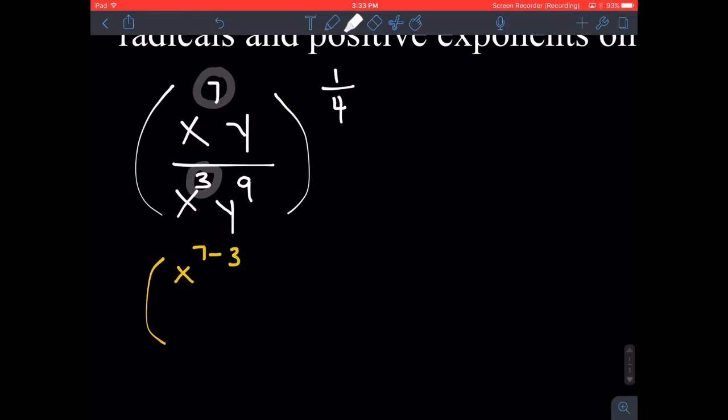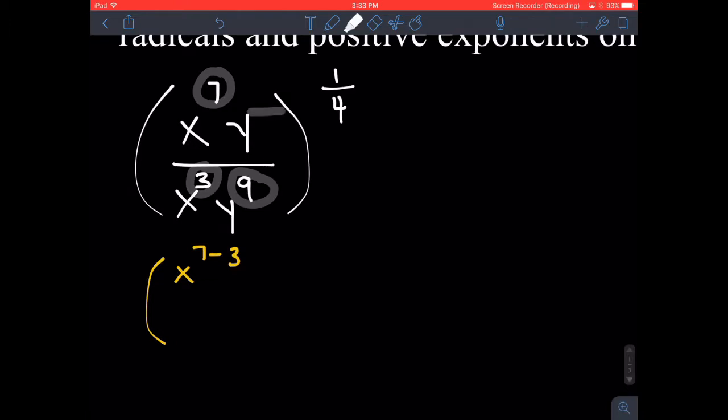In both cases, we have a classic quotient rule, which means that we're going to take the higher power of our variable, subtract the lower power, and then put our solution in the position that the higher power was in. In other words, we're going to do x to the 7th minus 3, and then put that in the numerator. And then we'll do the same thing with the y's, but oh no, there's nothing that we can compare y to the 9th to.